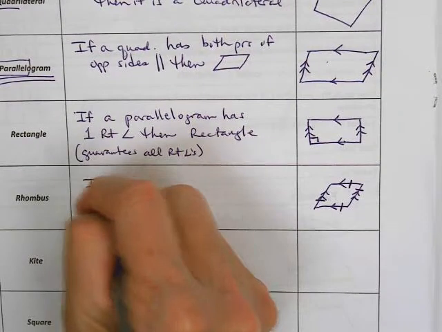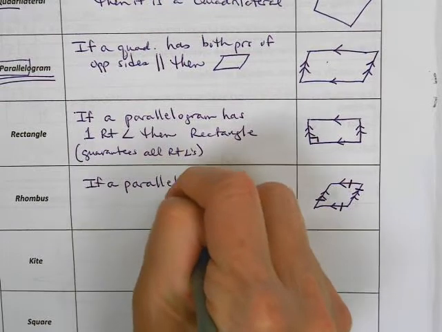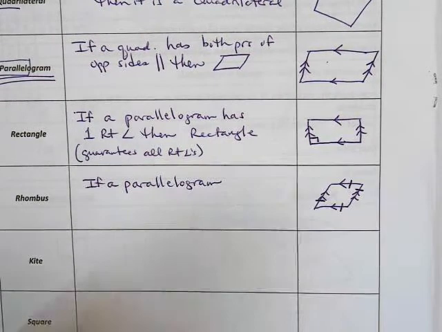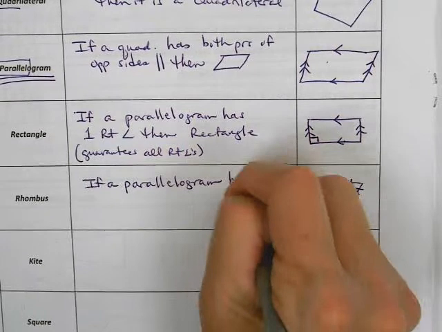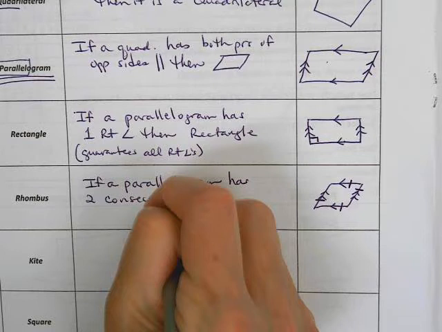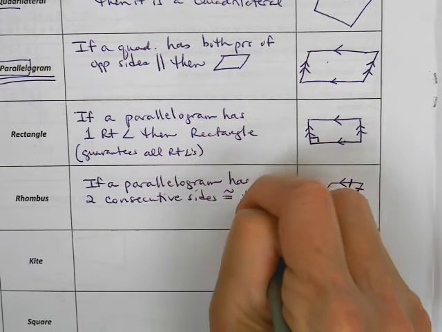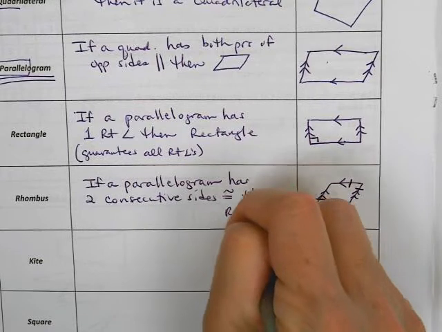So it is also a parallelogram, so we're going to say if a parallelogram, now watch the way I say this, has two consecutive sides congruent, then it's a rhombus.